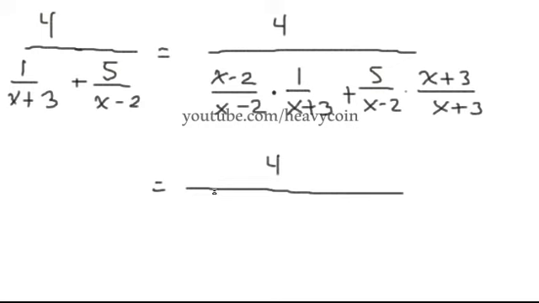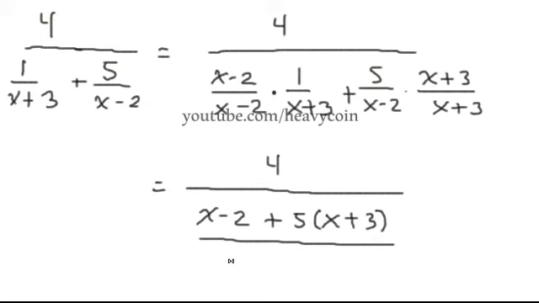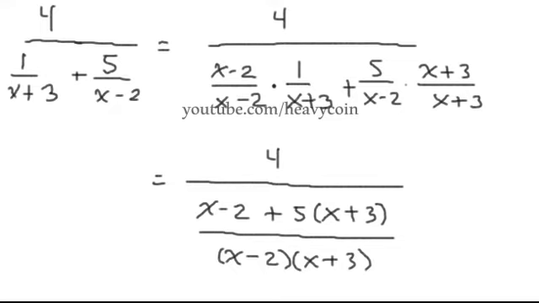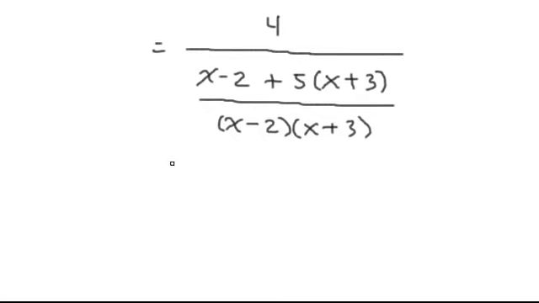Okay, so we're going to have x minus 2 plus 5 times x plus 3, and instead of writing two separate fractions here, I'll just skip that step. And we got x minus 2 times x plus 3. Alright. So we have 4 over.